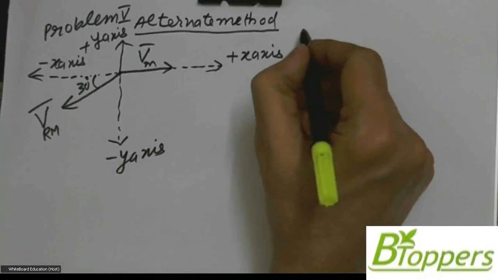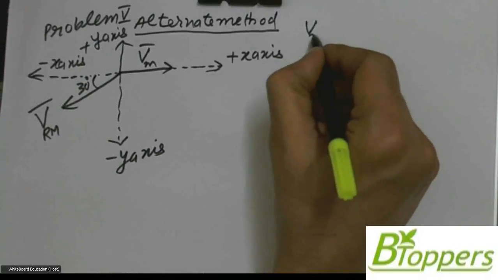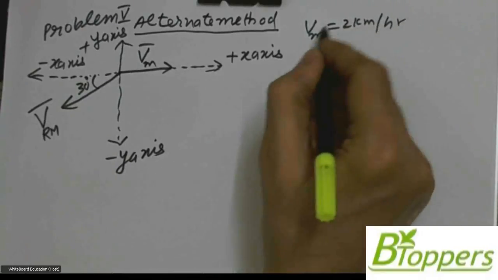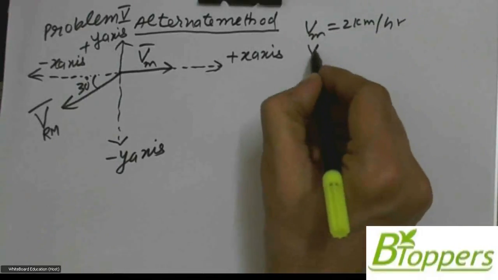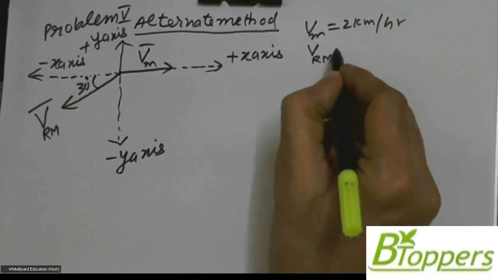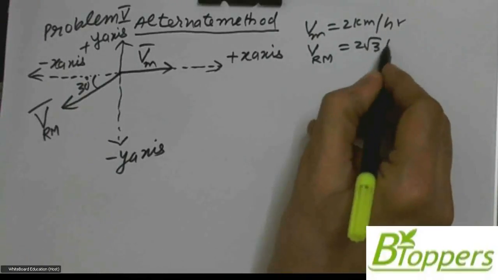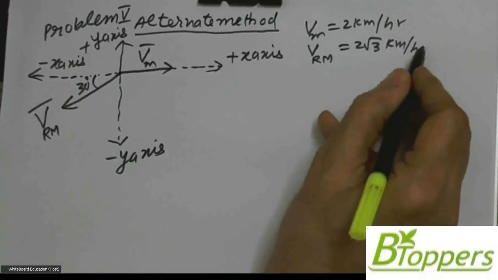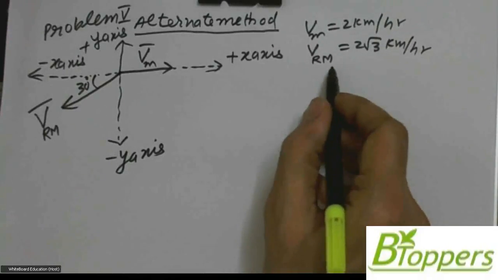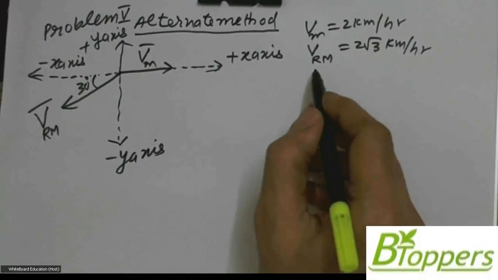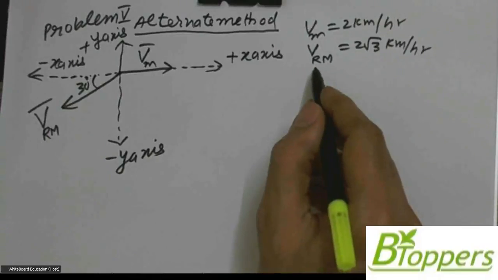We are given the magnitude of the velocity of the man as 2 km/h and the magnitude of the relative velocity of the rain with respect to the man as 2√3 km/h. V subscript Rm represents, without the bar symbol, the magnitude of the relative velocity of raindrops with respect to the man.